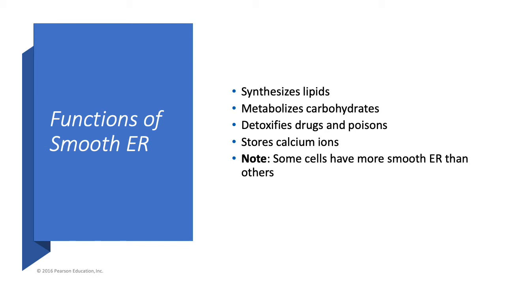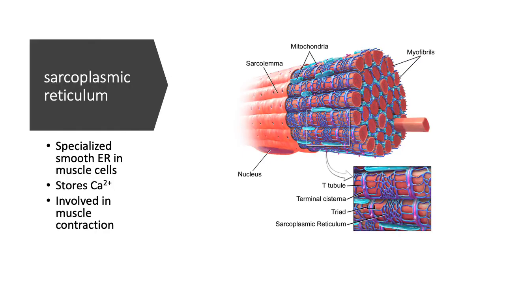And some cells, like I said, have a lot of smooth ER if they have a job like they need to create a lot of fat, or they need to detoxify things. So you might see, I can't remember how much we get into this in this class, but sometimes the endoplasmic reticulum has a specialized function and a fancy name. So in muscles, the endoplasmic reticulum is called the sarcoplasmic reticulum.